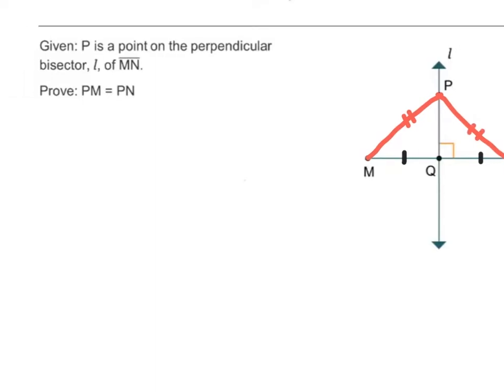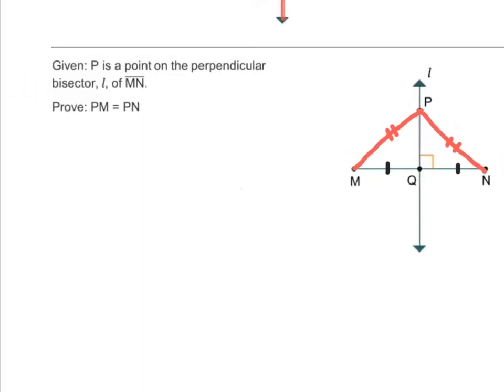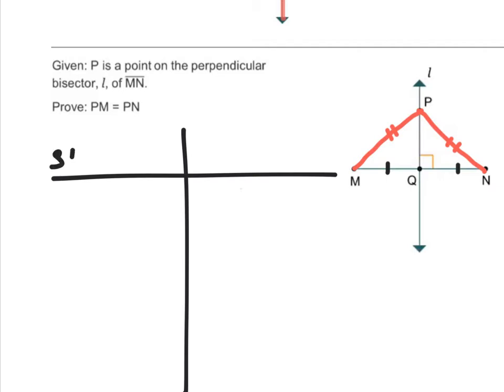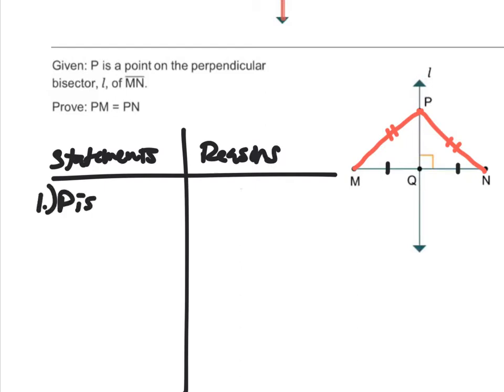Okay, so let's come over here. We already know that just from the theorem above, okay, but let's actually put that into a formal form, and let's draw our table, and let's write statements, and let's make our reasons. And so the number one statement we have is that P is on the perpendicular bisector L, okay, and that's given to us, okay.